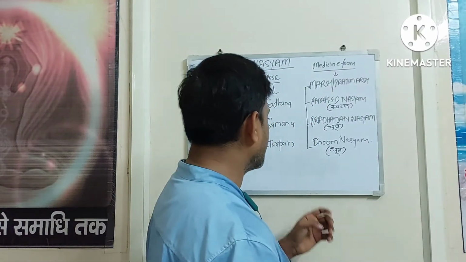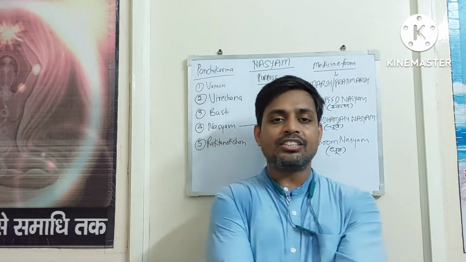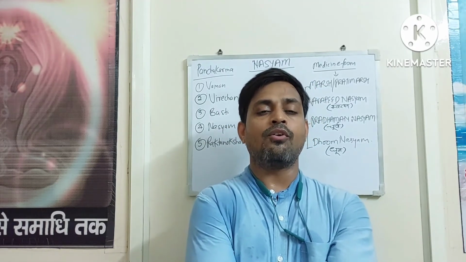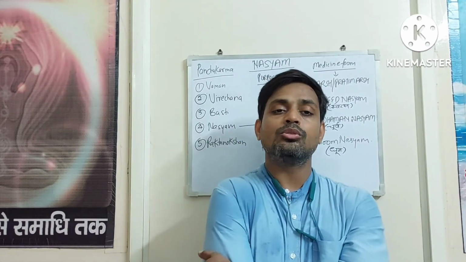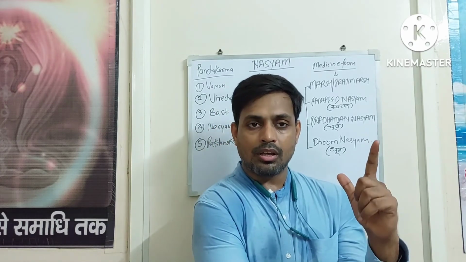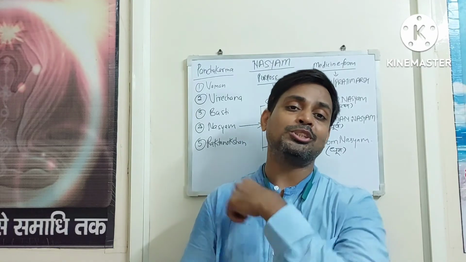Similarly, the fourth variety is dhoom nasya, which is very important. They have told that there are many conditions where you have to use dhoom nasya. Dhoom nasya means using smoke for nasya purposes, inhaling through the nose. It helps in various fainting disorders like murcha. It is also useful after the vamana procedure to stop vomiting.